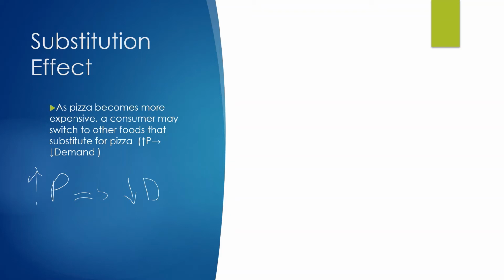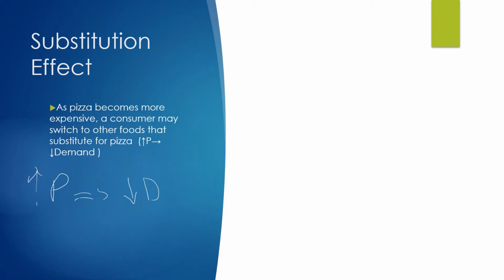Most of the time, people substitute an expensive good with a cheaper good. So when the price of pizza is increased, it means that pizza becomes expensive for people. So some of the people will start to buy burger or bread instead of buying pizza.